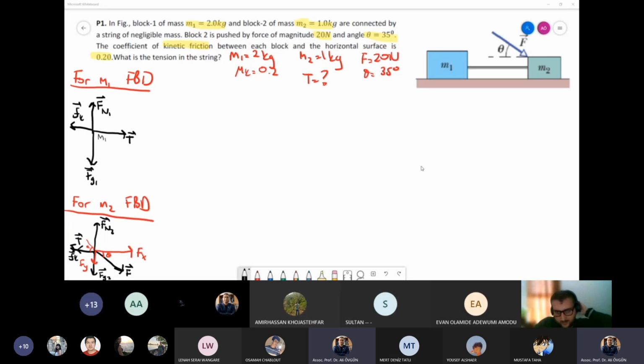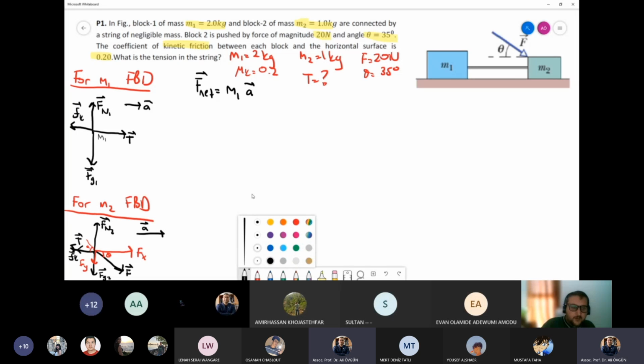So drawing the free body diagram is very important. So let's solve it. First of all, let's write the equation for M1. So there is the acceleration, and the direction of motion is right. Okay. So acceleration is this direction, and for M2 also acceleration is this direction. It's same magnitude because they are connected with the same rope. So F net equal M1 A.